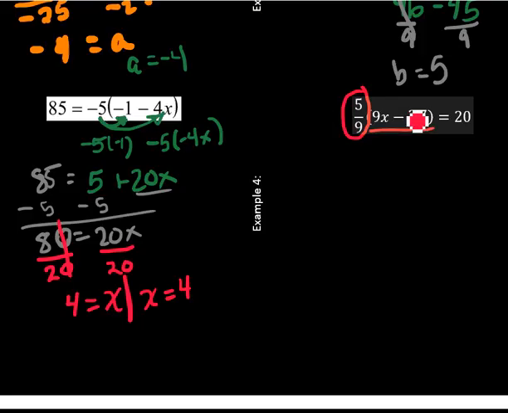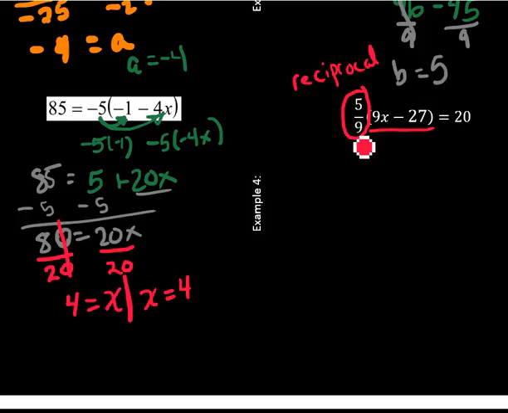If there is nothing else on this side, and it's just a parentheses and a number outside, I can actually do the reciprocal of 5/9, which is 9 over 5. Put it up there, move it down there. And then I do the same thing over on this side.